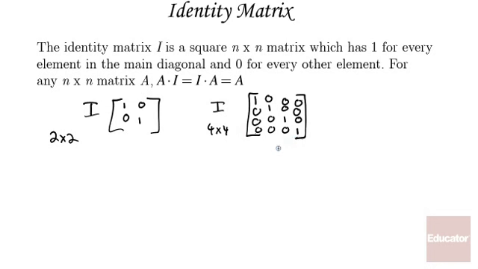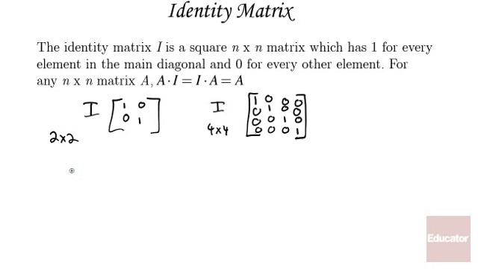Now, let's talk about properties of these matrices. For any n by n matrix A, if you multiply that matrix times its identity matrix, then you will get the original matrix back. And you can also multiply these in either order. When you think about the identity property of multiplication, think back to regular numbers.